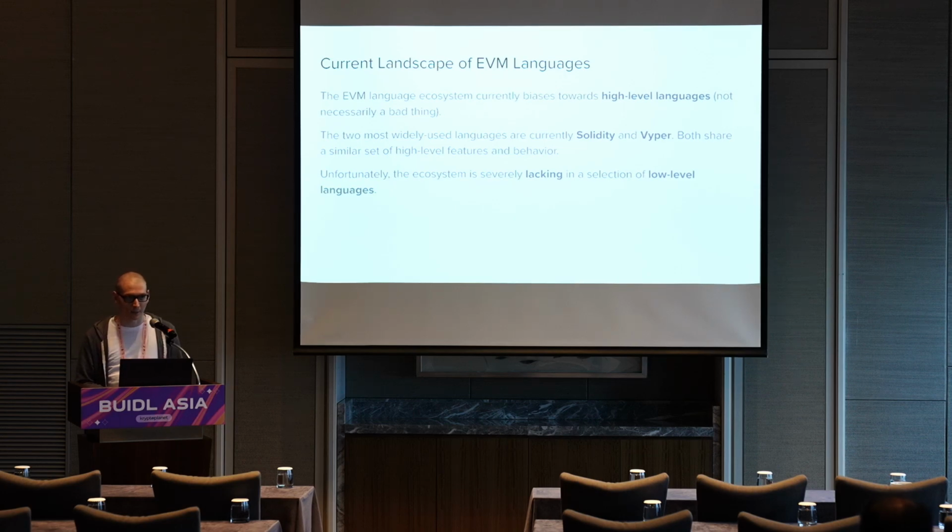Vyper has a slightly more restricted feature set, but it more or less gives you almost everything you get in Solidity. But what you'll notice is you can't really think of very many low-level languages on the EVM. Not many people actually write production smart contracts in low-level languages.